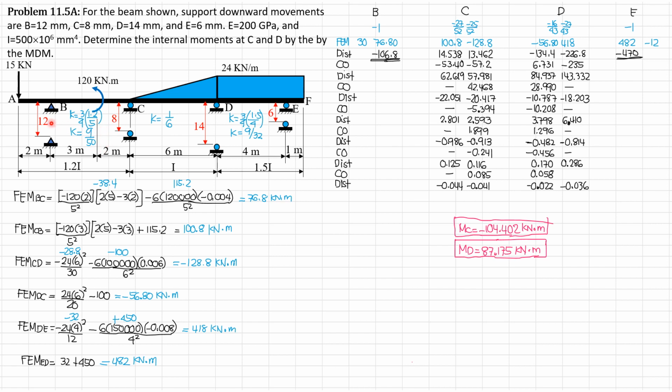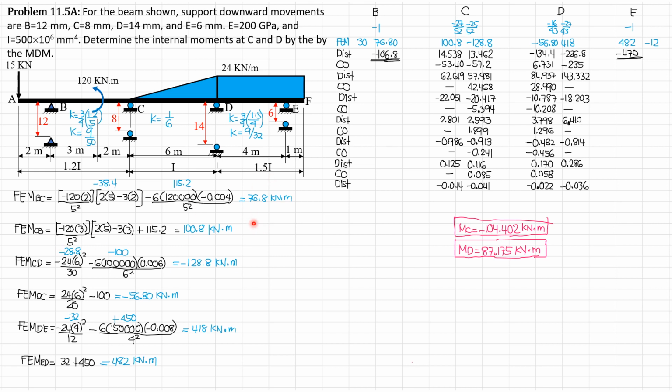The difference delta is 12 minus 8 for mm. So that's why for mm in meter, negative 0.004 meter. Divided by L square, negative 6EI delta over L square, that's the side sway moment, or moment due to support movements or settlements. And the value is 115.2 plus negative 38.4, so the net value is positive 76.8 kilonewton meter.